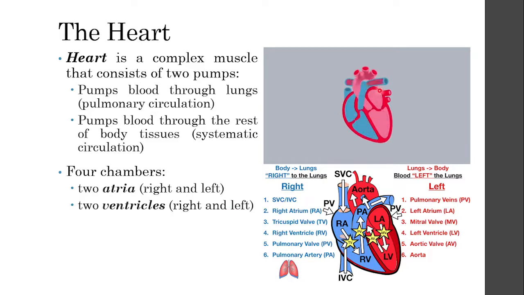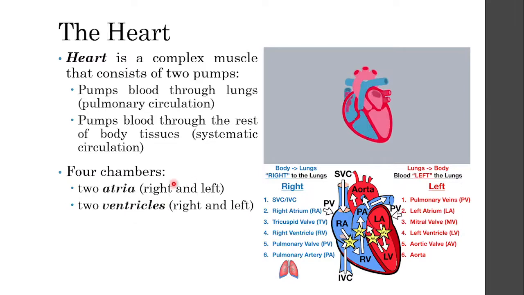So these top portions right here are what we call the atria. So we have our right atrium and our left atrium. Please do not get confused, because this heart that you're seeing here is how your heart is positioned while you are facing. So this is basically your right and your left. This is not mirrored. So this is basically how your heart sits on your chest.